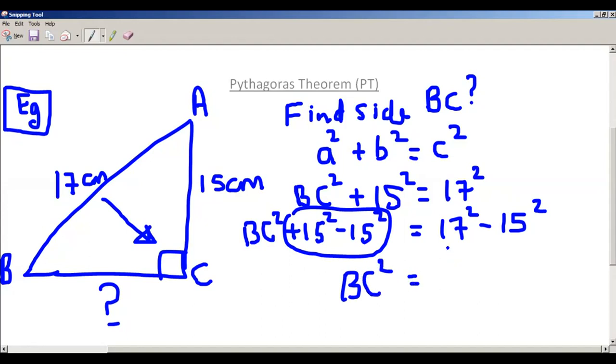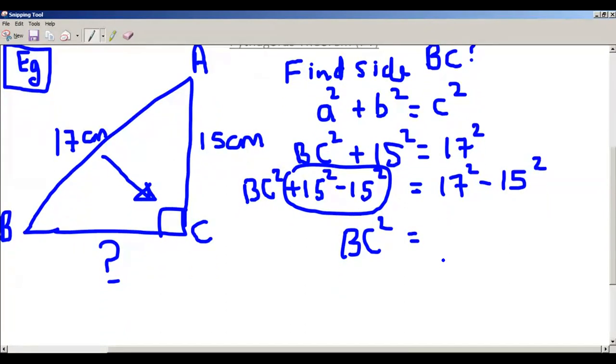All right. What is 17 squared, class? What is 17 times 17? 289. And what's 15 times 15? 225.